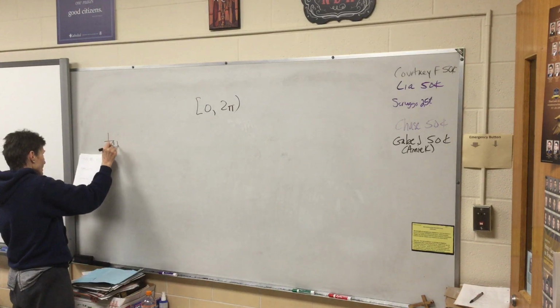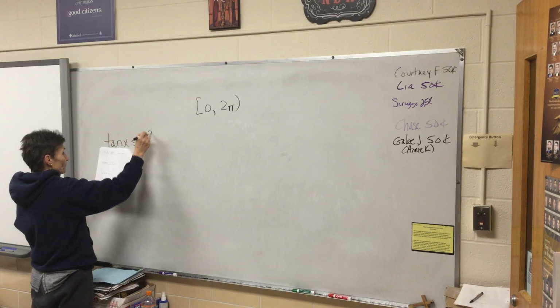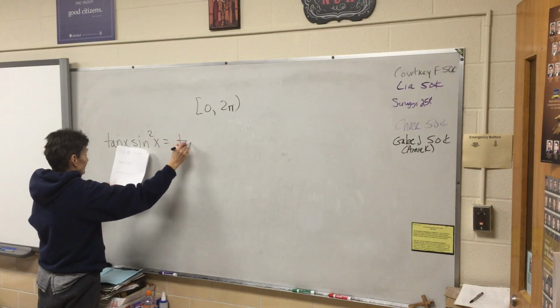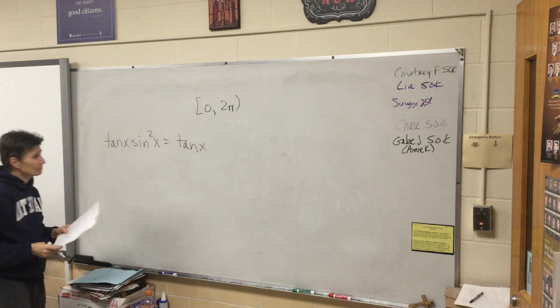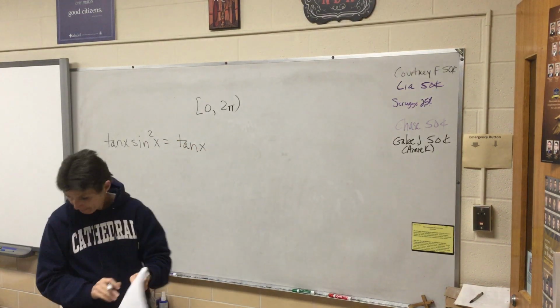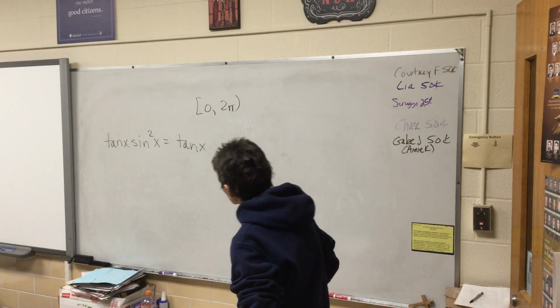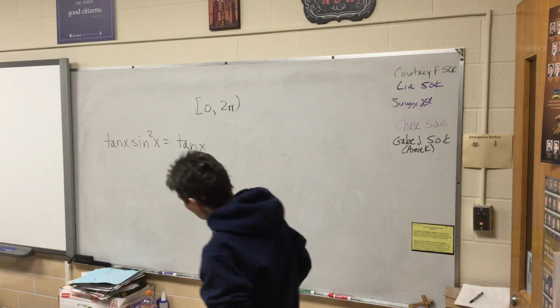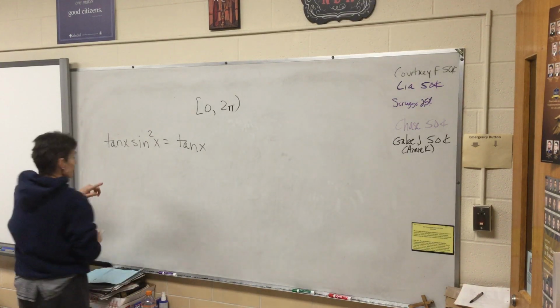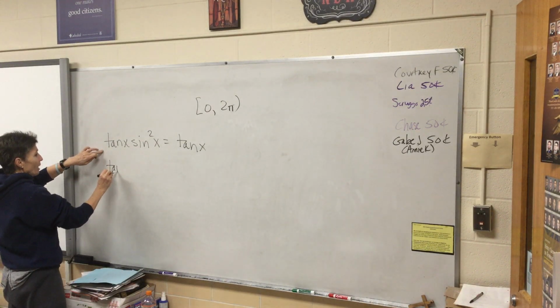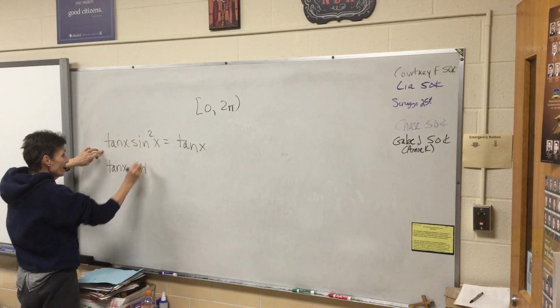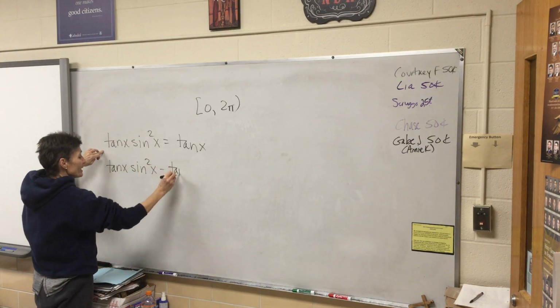So, what do you think about this first one? Factor out tangent after you subtract it? Very good. So the first thing you want to do is get that 0 and then factor out the tan.